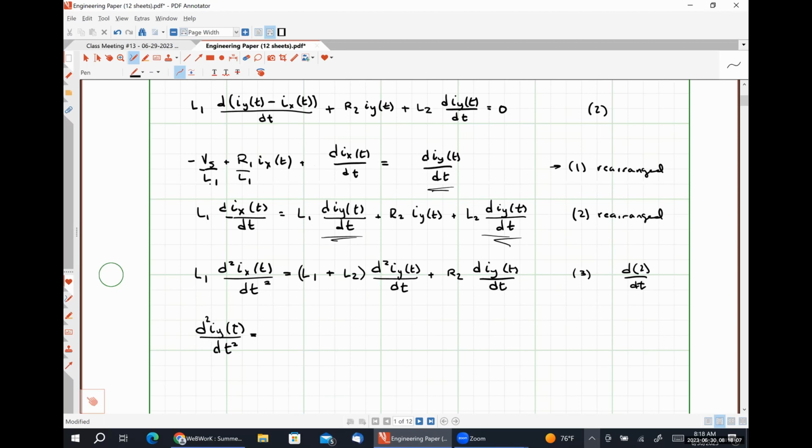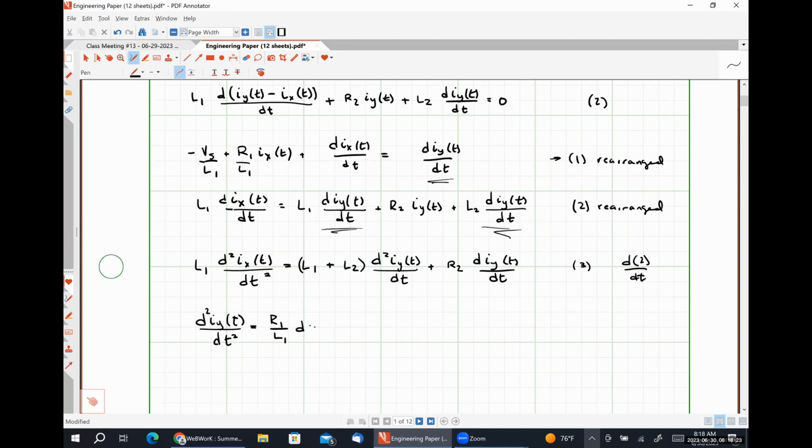Then I'm going to have R1 over L1 times the derivative of Ix with respect to time, plus the second derivative of Ix with respect to time.